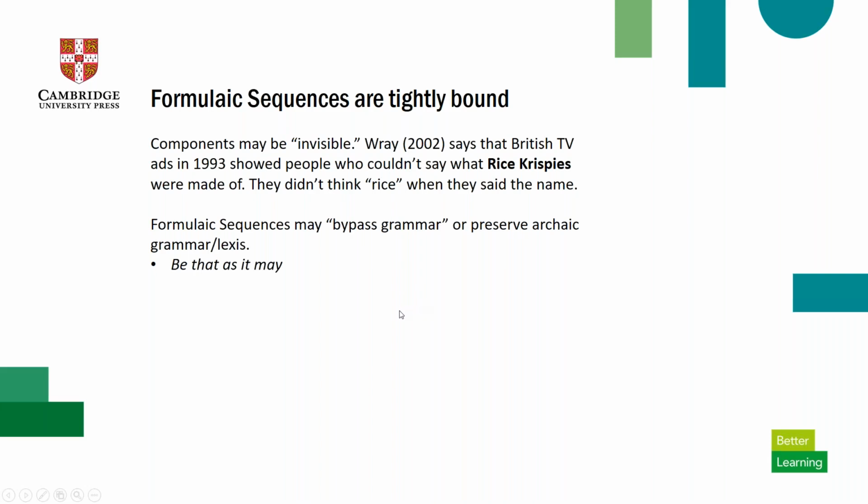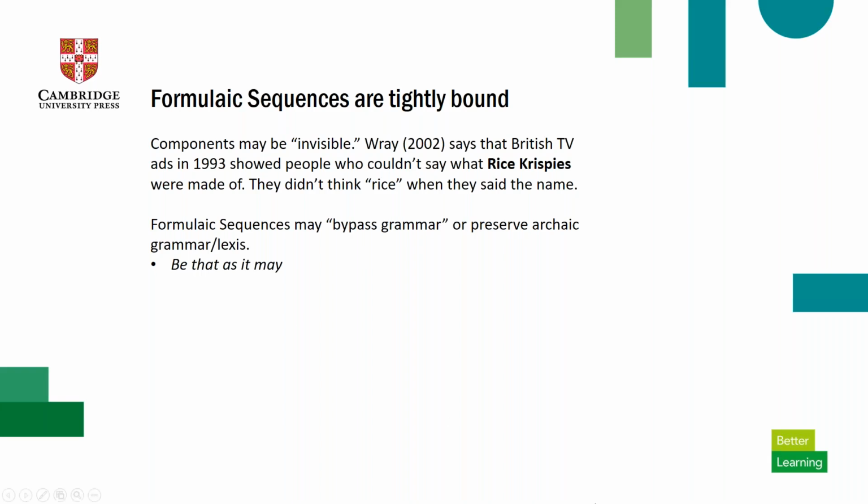The cereal Rice Krispies, and people couldn't say. They didn't think to say rice as what Rice Krispies were made out of. Why? Because when they said that item Rice Krispies, they thought of it as a whole. They weren't thinking of it as rice plus Krispies. It was so whole to them that they didn't even register the word rice in its usual meaning.